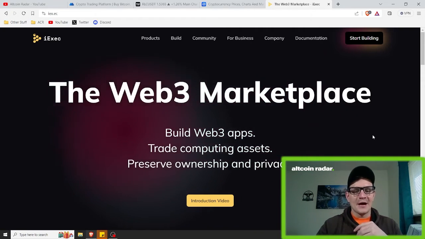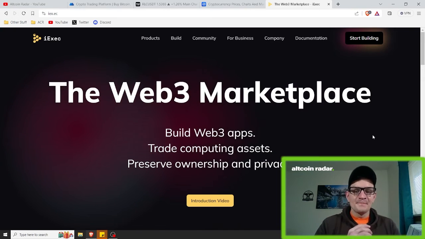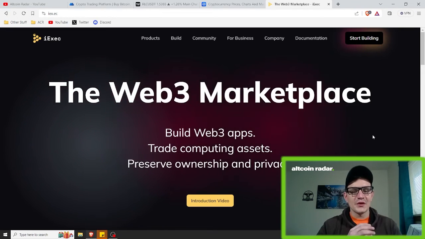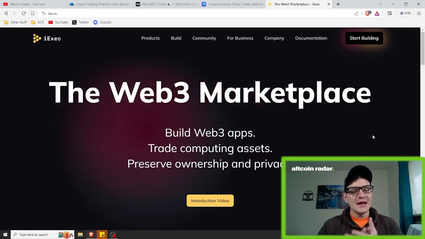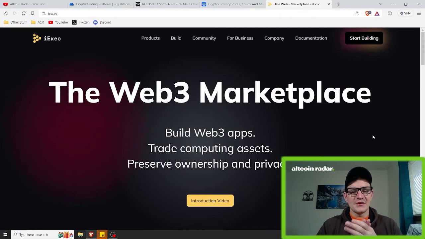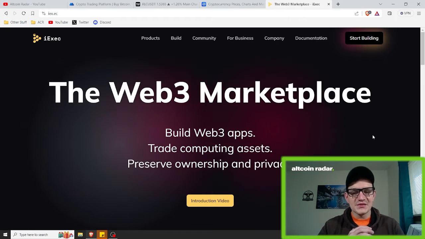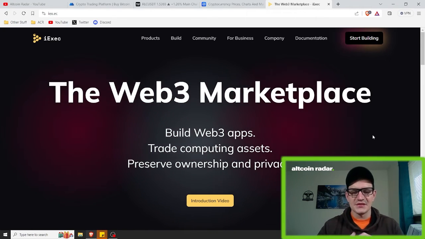All right. Now, when it comes to developers, iExec provides developers with a decentralized and censorship-resistant environment to deploy and execute their applications. And it promotes innovation as well by removing barriers that are associated with traditional cloud services, all right?